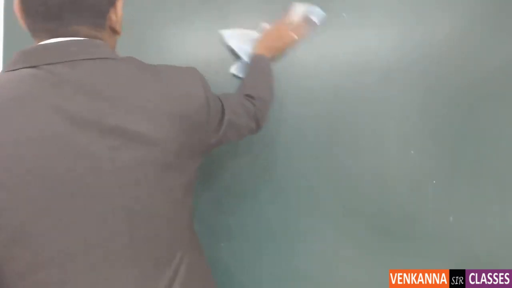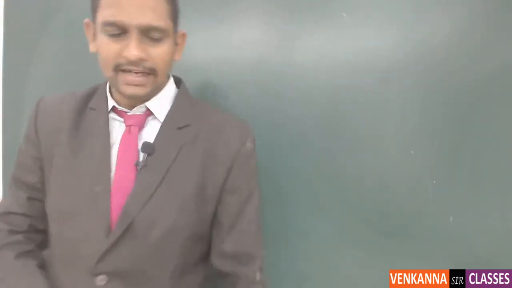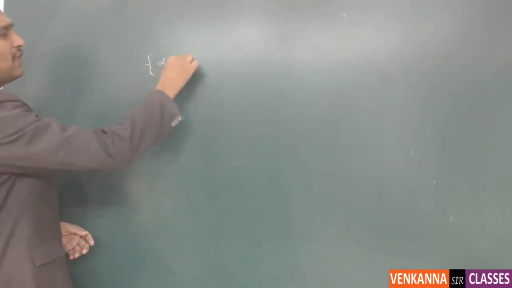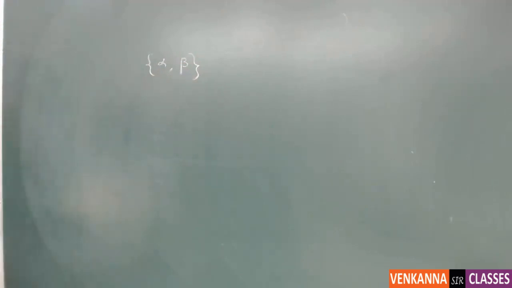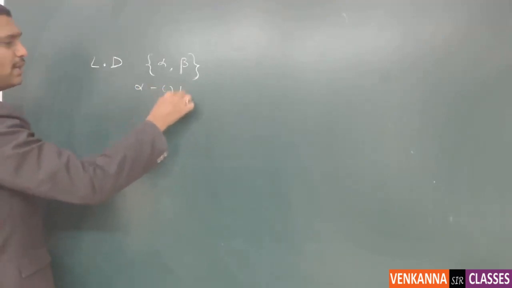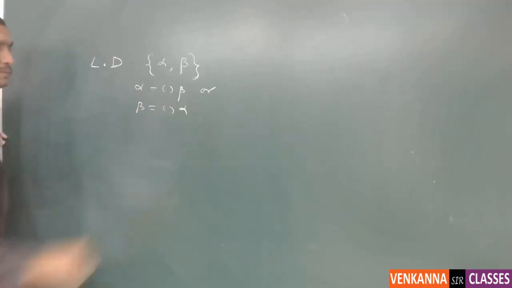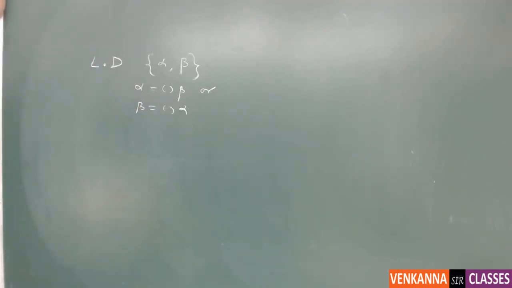So if I have taken a set which consists of only two vectors, alpha, beta, and I mention that this set is linearly dependent, immediately we can say that alpha is equal to some number times beta or beta is equal to some number times alpha. Okay? Clear? Please take note of this one.